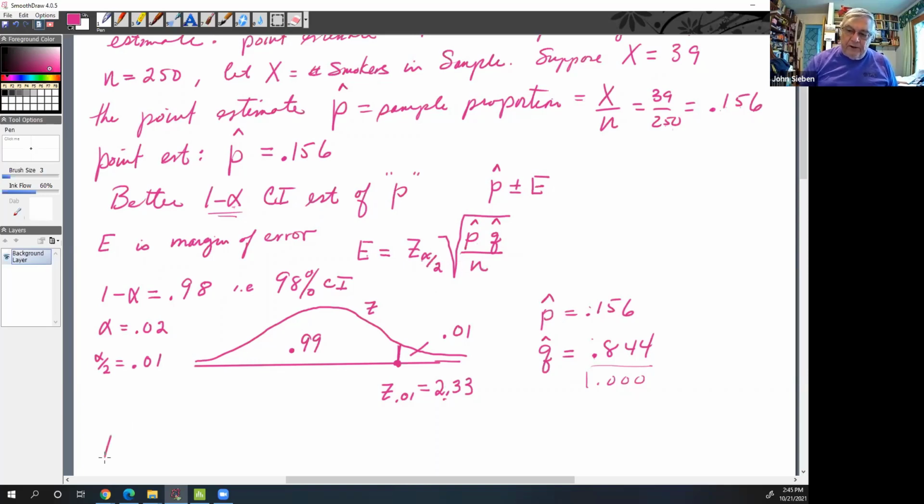We're going to have to do the arithmetic, but E is going to be 2.33 times the square root of 0.156 times 0.844, over the sample size, 250, and we take the square root of that whole thing.